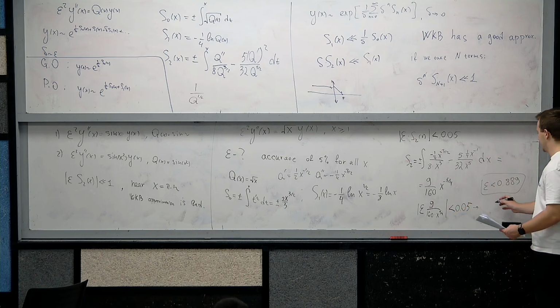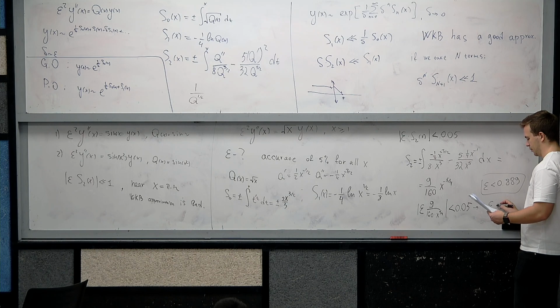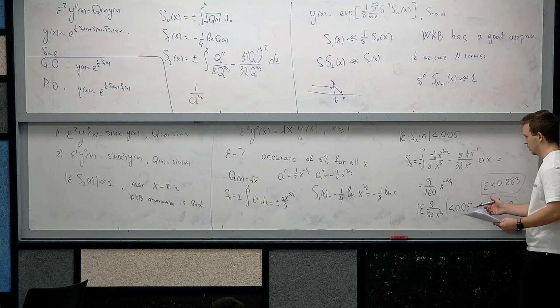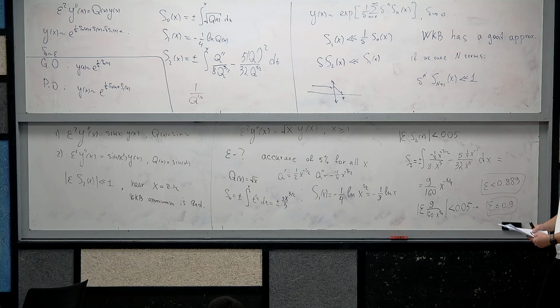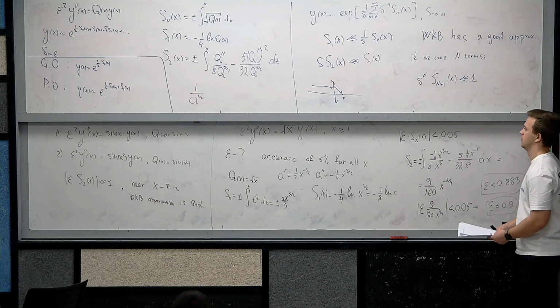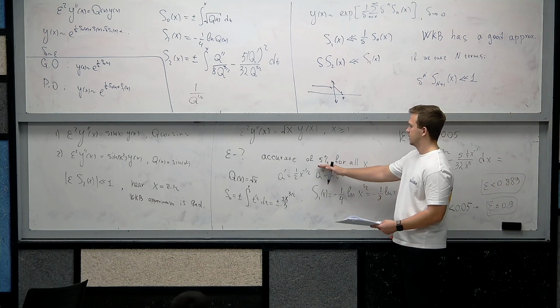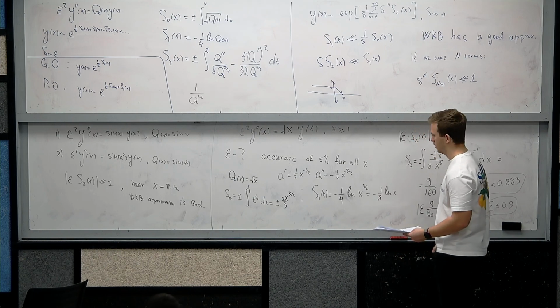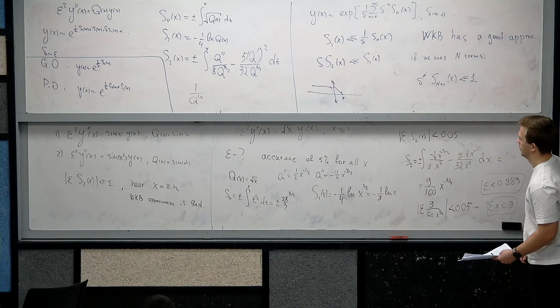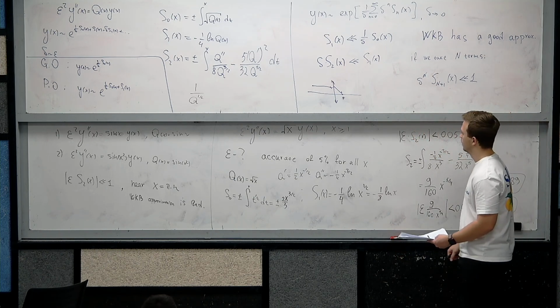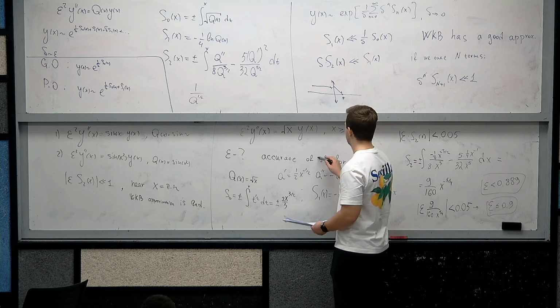So we can take every epsilon smaller than or equal to 0.9, and it will be sufficient to find the solution in the physical optics approximation with a mistake of 5%. So an accuracy of 95%.